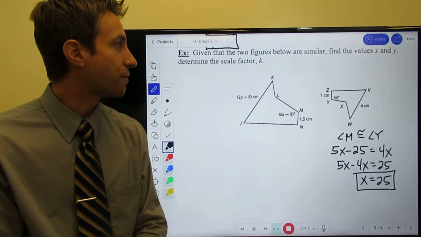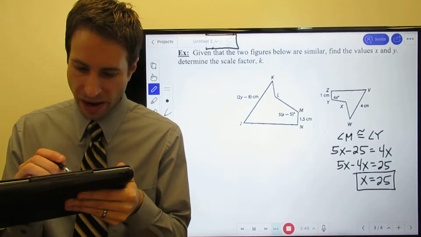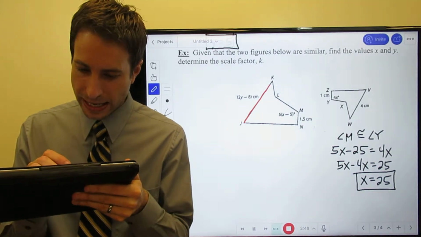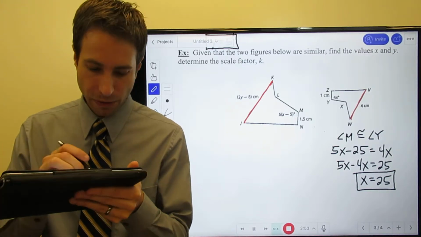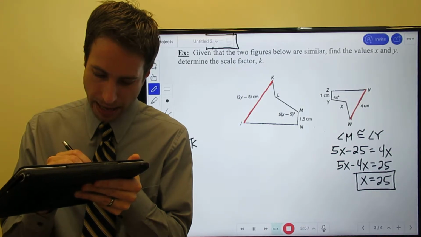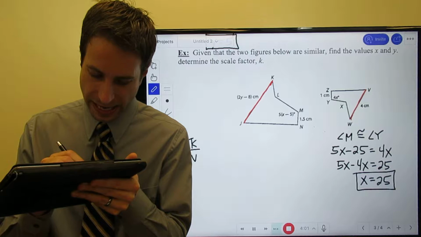What I want to do now is find that value of y, and we're going to have to set up a proportion to do so. First, JK. Well, side JK is going to be proportional to WV. So here we go. I know that JK is going to be proportional to WV.